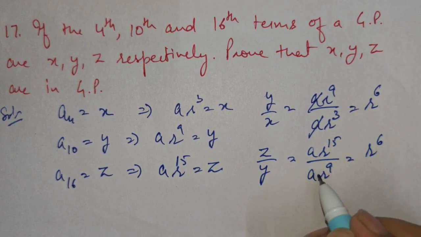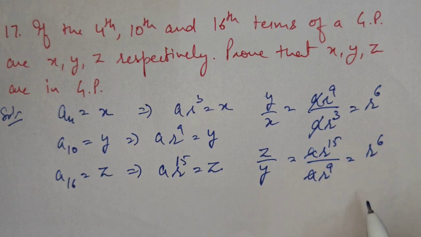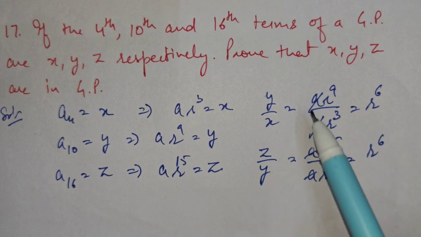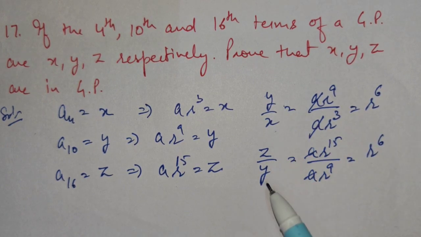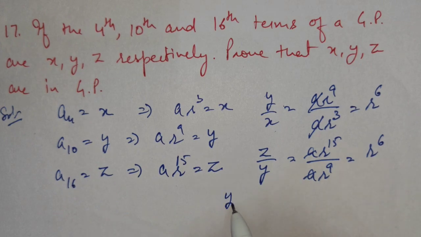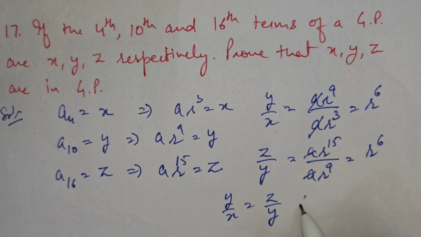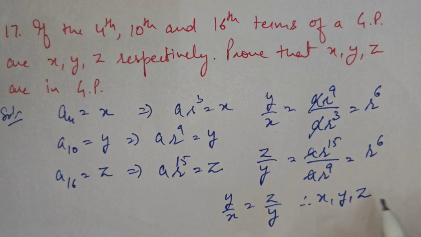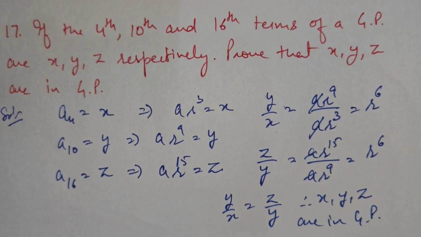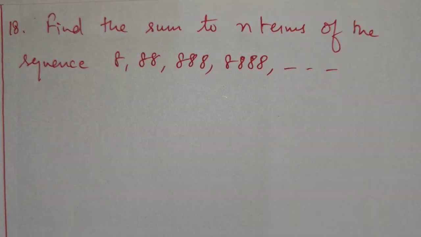So again this term is equal to r raised to power 6. Now in both the cases we have y upon x is equal to z upon y. So therefore we can say that x, y, z are in GP. These three numbers x, y, z form a geometric progression.